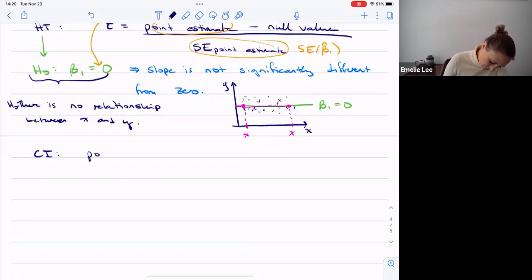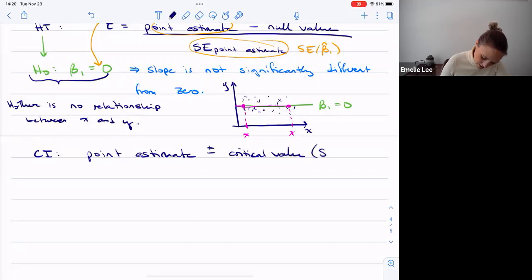So you can build a confidence interval, which is going to be a point estimate plus minus some critical value times the standard error of the point estimate. So all you really need is the point estimate and the spread of the point estimate in order to do hypothesis tests or confidence intervals or both.